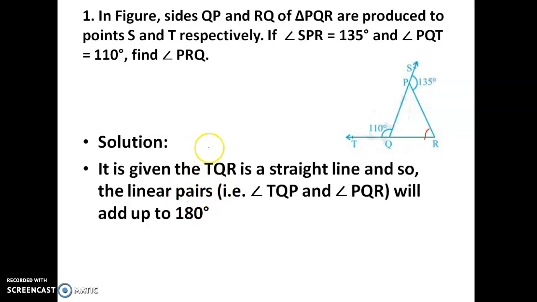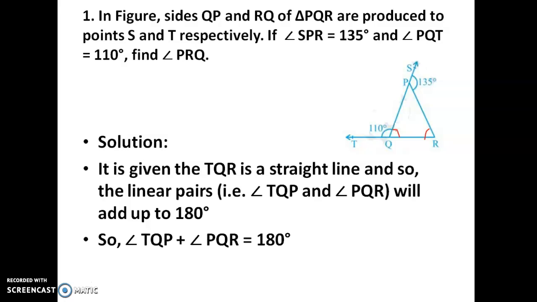So these are a straight line. Is it not? We are just producing this line. So it is a straight line. So these two angles are a linear pair. So this angle plus this angle will give you 180 degrees because they are a linear pair.